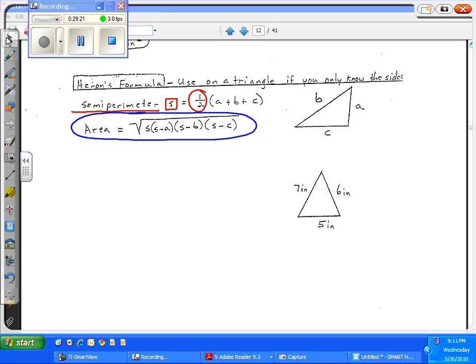So if you know all of the sides of a triangle, you can find the area using Heron's formula. Now, these are non-right triangles, which means you can't do some of those Pythagorean theorems and 30, 60, 90s and trig ratios.